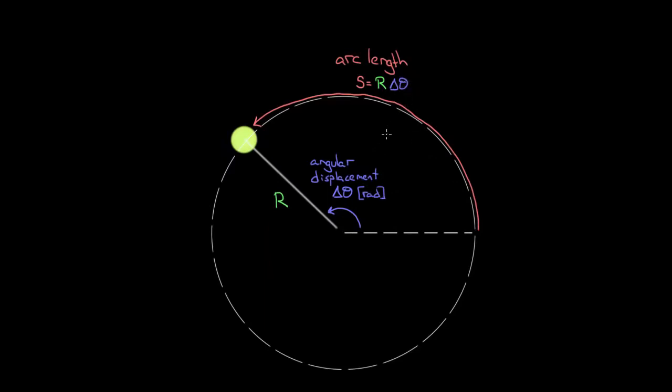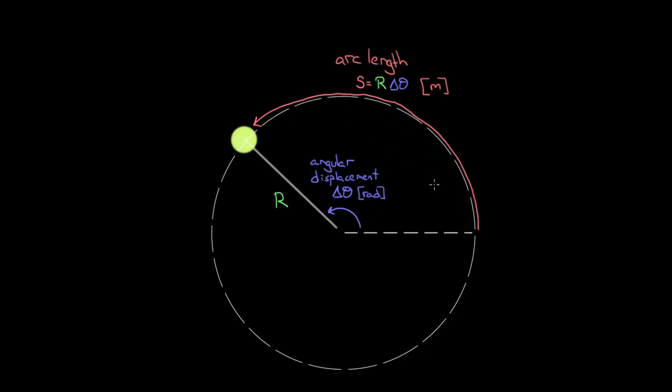This was selected and defined strategically so that we can use this unit and we get a really easy way to convert between the angular displacement, how many radians something is rotated through, and how many meters it's actually traveled through its arc. So this arc length is going to have units of meters, as long as we measure the radius in meters. Alright, so that's one relationship between angular displacement, how much angle something is rotated through, and how many meters it's actually traveled.